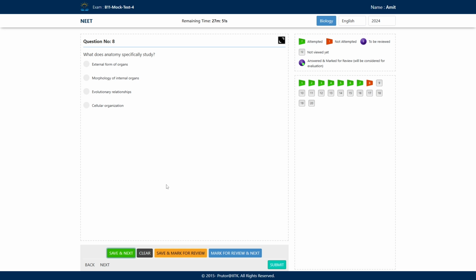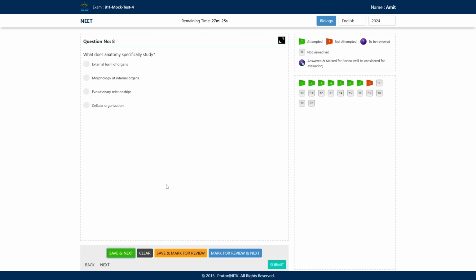Why do we study anatomy? A. External form of organs, B. morphology of internal organs, C. evolutionary relationship, D. cellular organization. So which is the correct one?